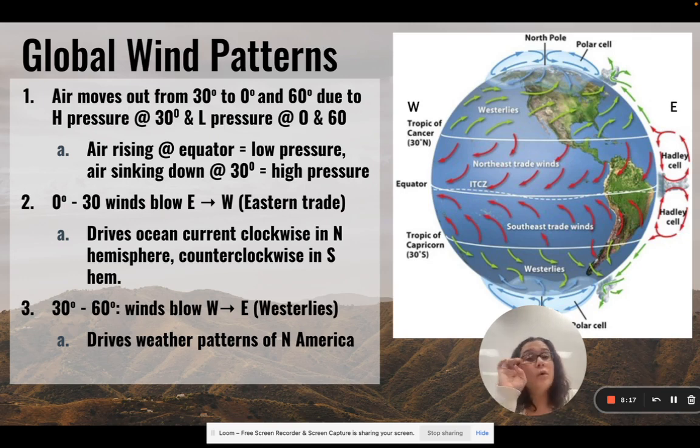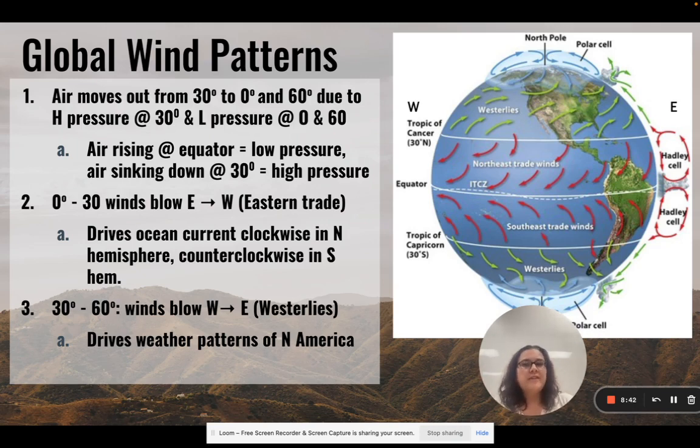So that's going to drive ocean currents. If you look at the direction here in the north, right, they're going clockwise. In the south, they're going counterclockwise. Now, a lot of people think that means the toilets flush different. It doesn't. It's just the ocean currents. You can flush a toilet in the southern hemisphere, and it's the same as here, okay? Now, we mentioned from the 30 to 60 that the winds are blowing from west to east. We call those westerlies, okay?